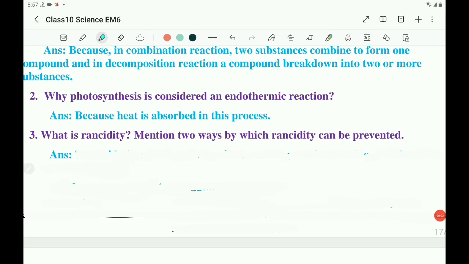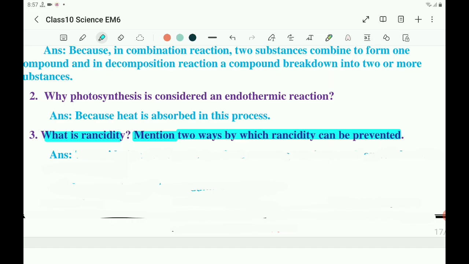Then the third question, what is rancidity? Mention two ways by which rancidity can be prevented. Rancidity is the oxidation of fats and oils in food leading to bad smell and bad taste.